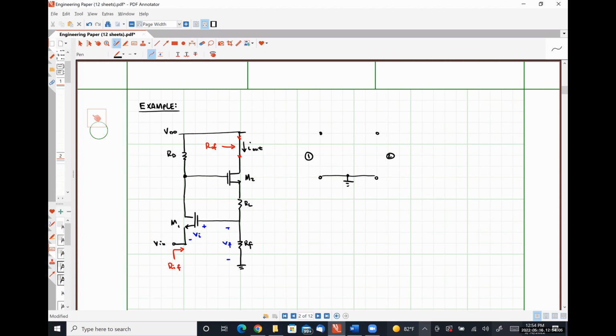So we can treat this point right here as our output, but it's also connected to our input.